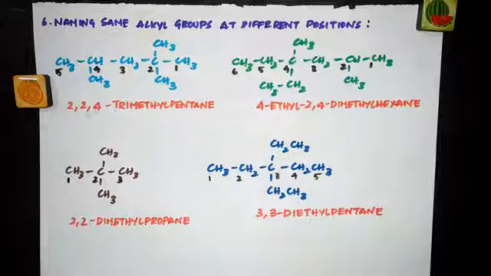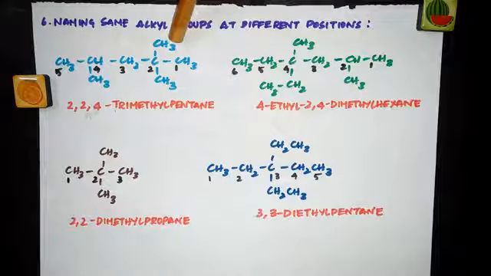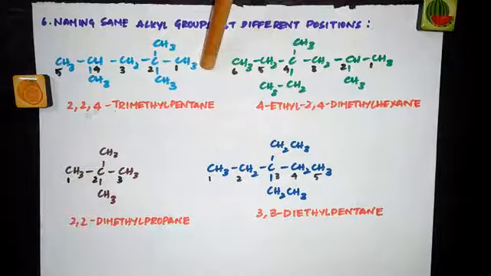The next rule in naming the branched chain alkanes is naming the same alkyl groups at different positions. Now look at this example. This is the parent chain and these three are the substituents.